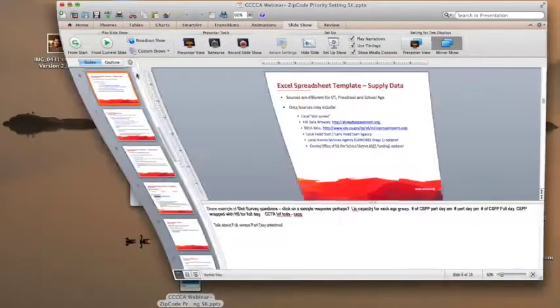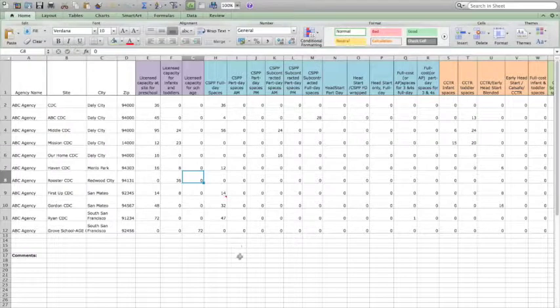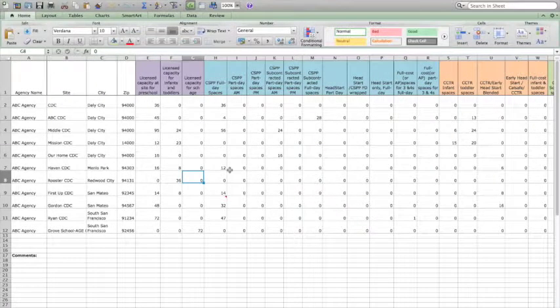We in San Mateo email this Excel spreadsheet to each of the agencies. We could probably set this up on SurveyMonkey eventually too, but I send it to them, one for each contractor, and then they plug in their sites and those site zip codes.